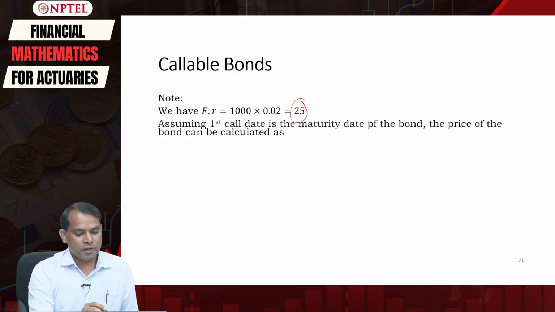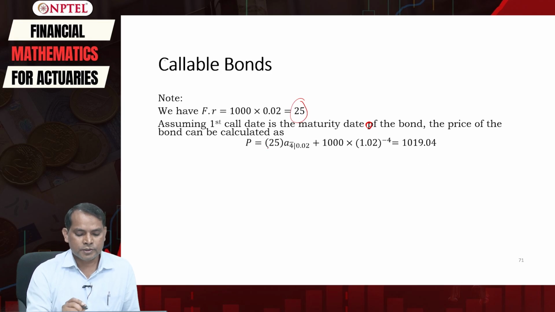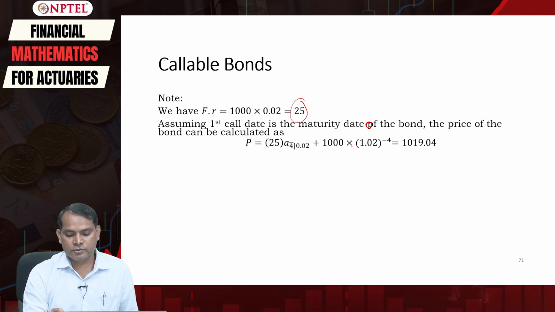Assuming the first call date is the maturity date of the bond, the price of the bond can be calculated as P equals 25 times the annuity factor plus 1000, the face value, times the present value factor, considering n equal to 4 and i equal to 0.02.